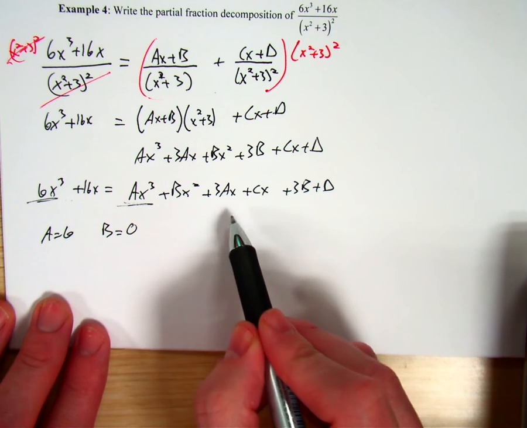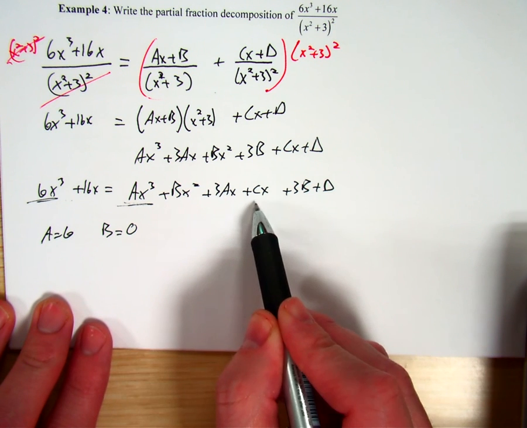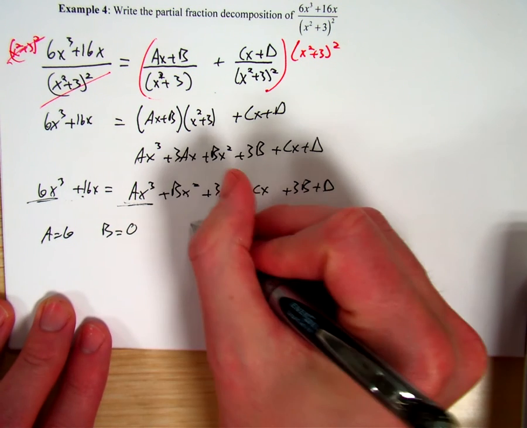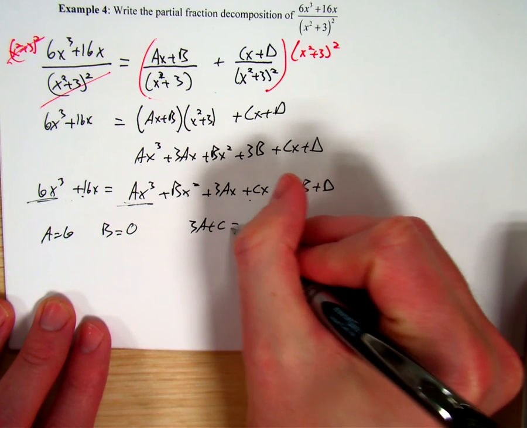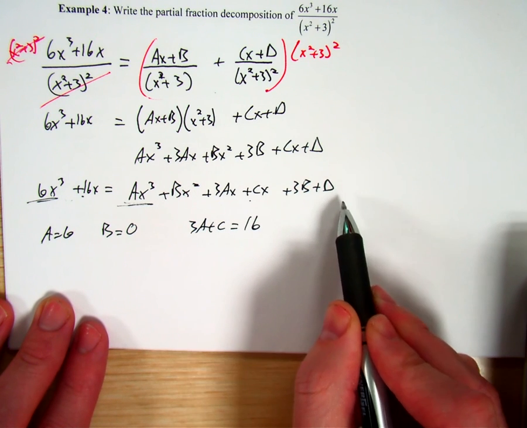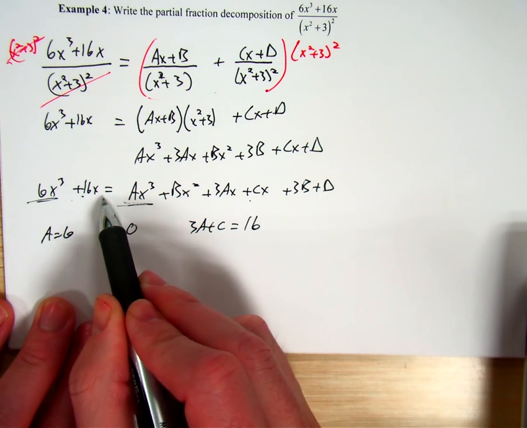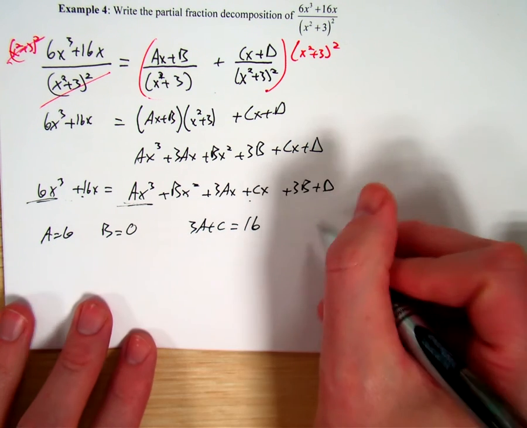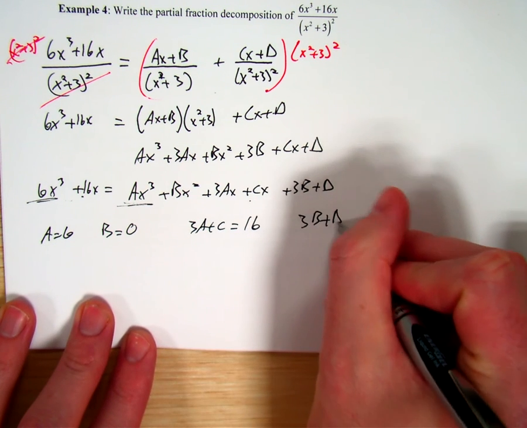Okay, we have 3ax plus cx, so 3a plus c needs to equal 16. Not a problem, we can do that. And then our regular numbers, 3b plus d. What do we have for constants, no x's? We don't have one, so it's really a 0. So 3b plus d equals 0 as well.